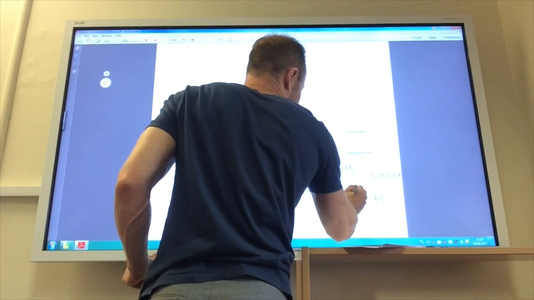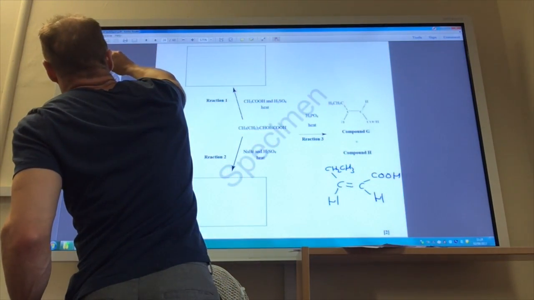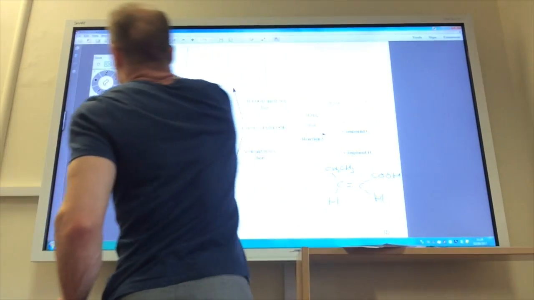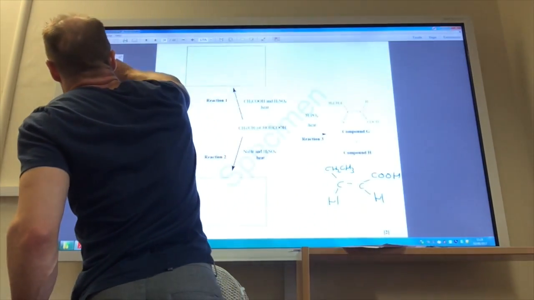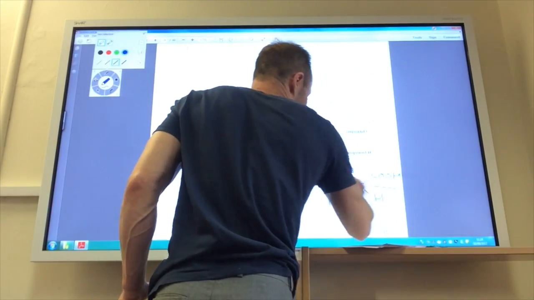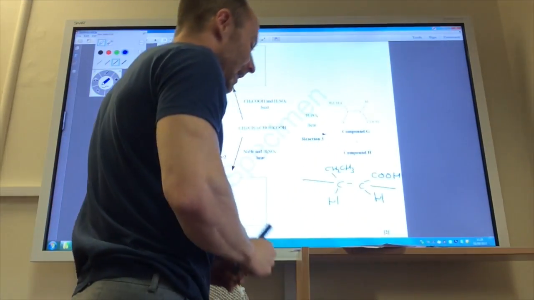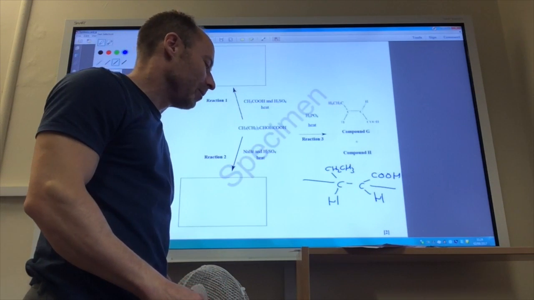Let's try again. Like so. And then you are going to just extend that there and there. And that gives your repeat unit of the addition polymer.